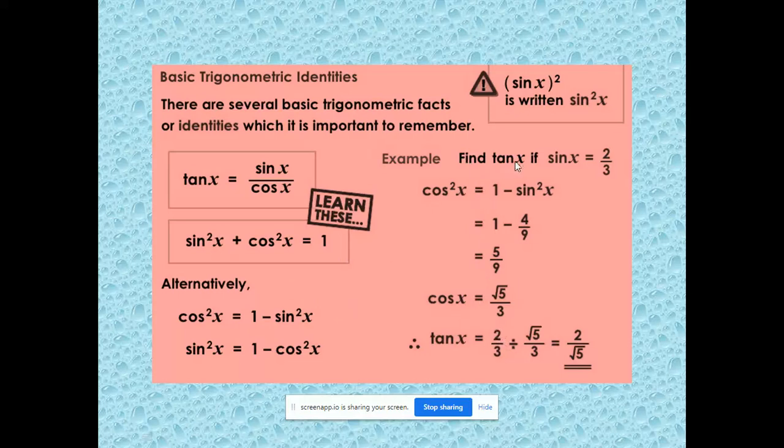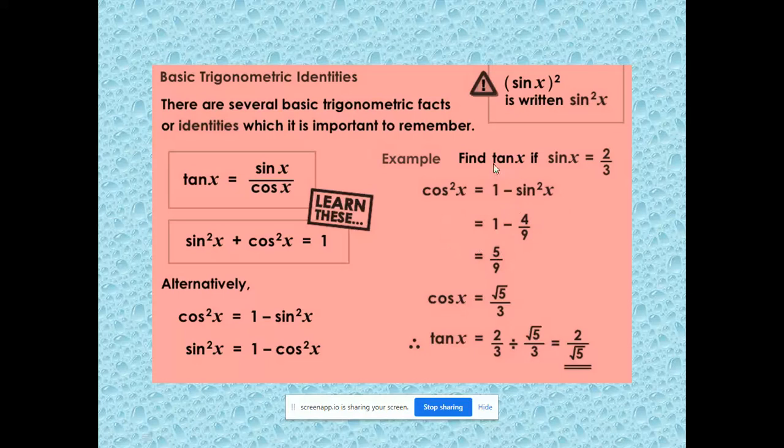Here, find tan x if sin x is equal to 2 by 3. The old method is we draw a triangle and find the third side. From that we can find the tan x. In the new method using these identities, cos square x can be written as 1 minus sin square x. Since sin x is given as 2 by 3, substitute here, we get 4 by 9. After taking the LCM, we get 5 by 9.